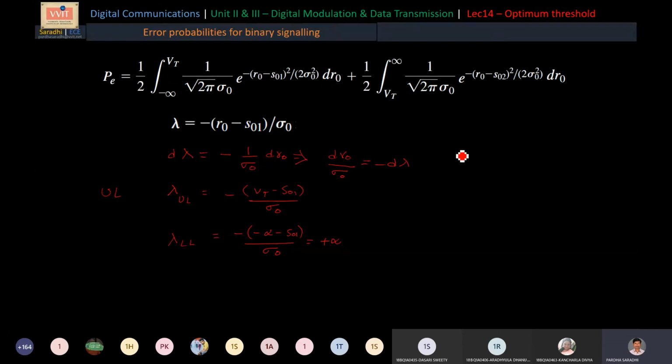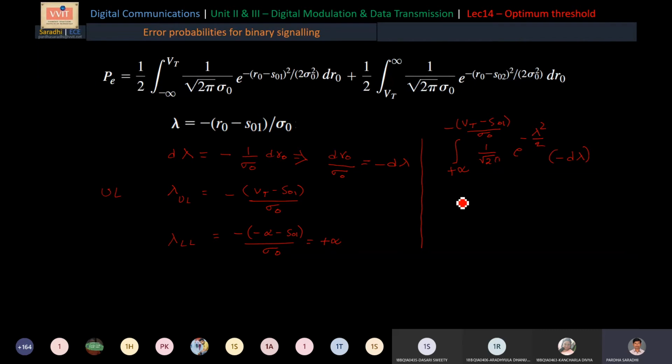So it becomes, I write here, the integral from minus Vt minus S01 divided by sigma naught to plus infinity, of 1 by square root of 2 pi, e power minus lambda square by 2, into minus d lambda.